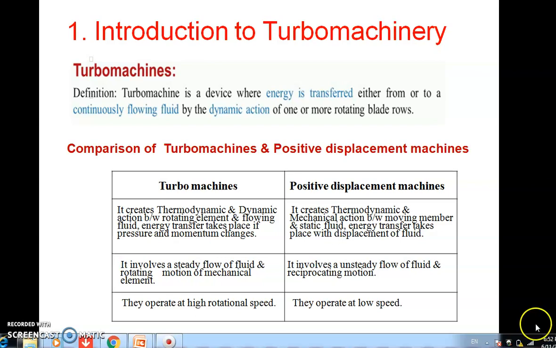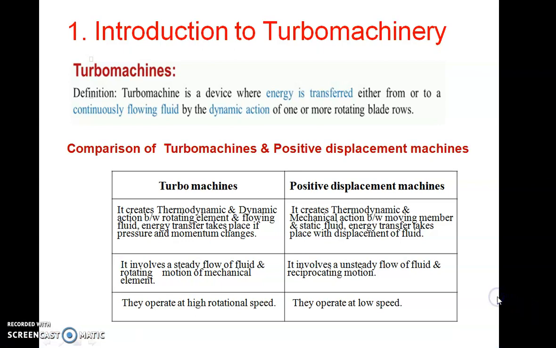In positive displacement machines, the speed is comparatively lower. In a reciprocating air compressor you might have seen speeds of 1000 rpm or 1500 rpm, or in IC engines 2000 rpm or 3000 rpm. That is very little compared to 1 lakh rpm in compressors. So there is a huge difference between the speeds of turbo machines and positive displacement machines.